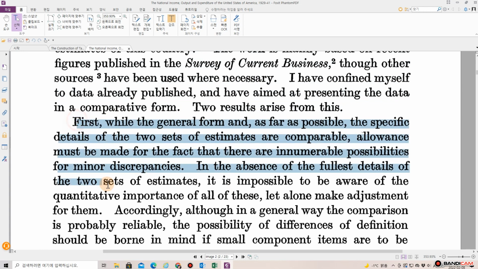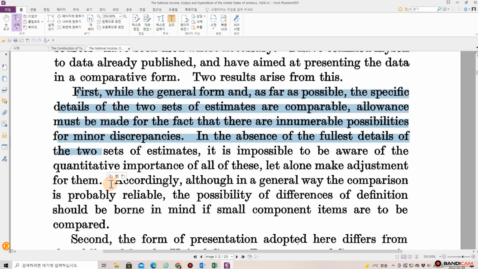First, while the general form and, as far as possible, the specific details of the two sets of estimates are comparable, allowance must be made for the fact that there are innumerable possibilities of minor discrepancies.